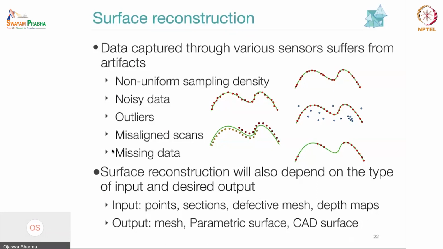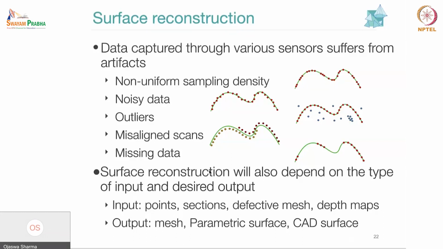So when you capture data through various sensors, there are different artifacts in that data, and some of these are, you may have non-uniform sampling density. So if you look at this signal, you can think of a shape maybe. The sample points are denoted as dots.